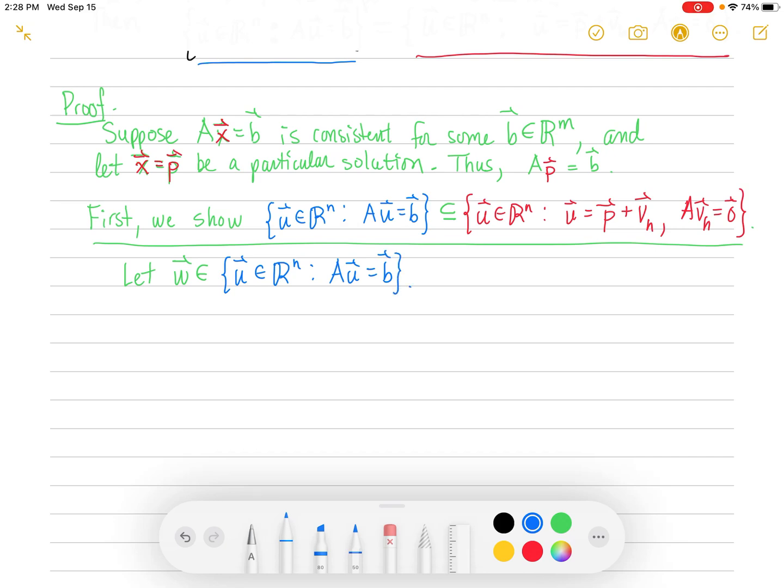So W is in the blue set. What does that mean? W satisfies the form: it's in Rn, and A times W has to be equal to B. W is one of those U's, so A times W gets plugged in place of U, equals B.